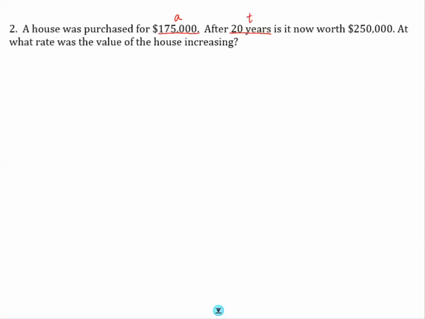We're looking at a time span of 20 years, so that's t. Now it is worth $250,000, so that will be V sub t. We are trying to find R. Now, it says increasing, so we know we're going to use the plus version of the formula. So let's plug our numbers in.